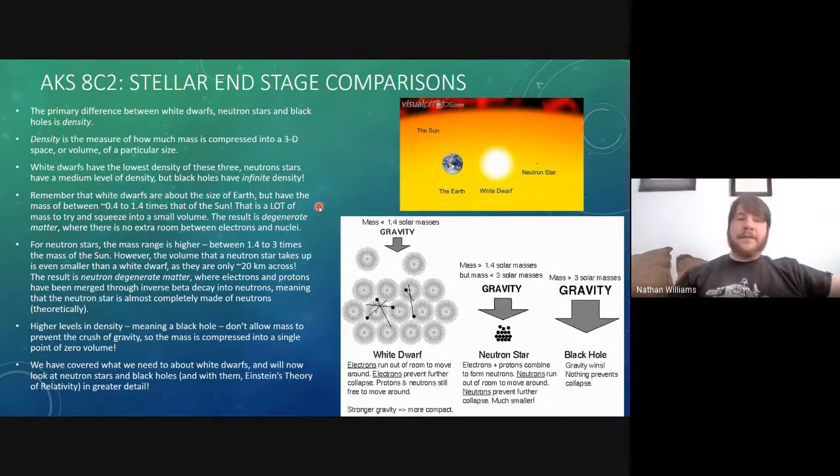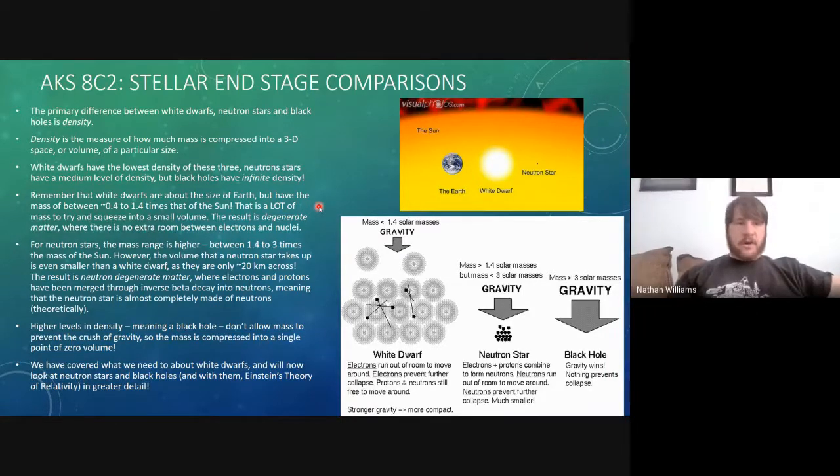You still have that here with this degenerate matter in a white dwarf, but the difference is that there's basically no room for these different items to move around. We talked earlier in this unit about how this is like trying to cram 20 people into a small elevator. It's not going to be comfortable. There's going to be no wiggle room.